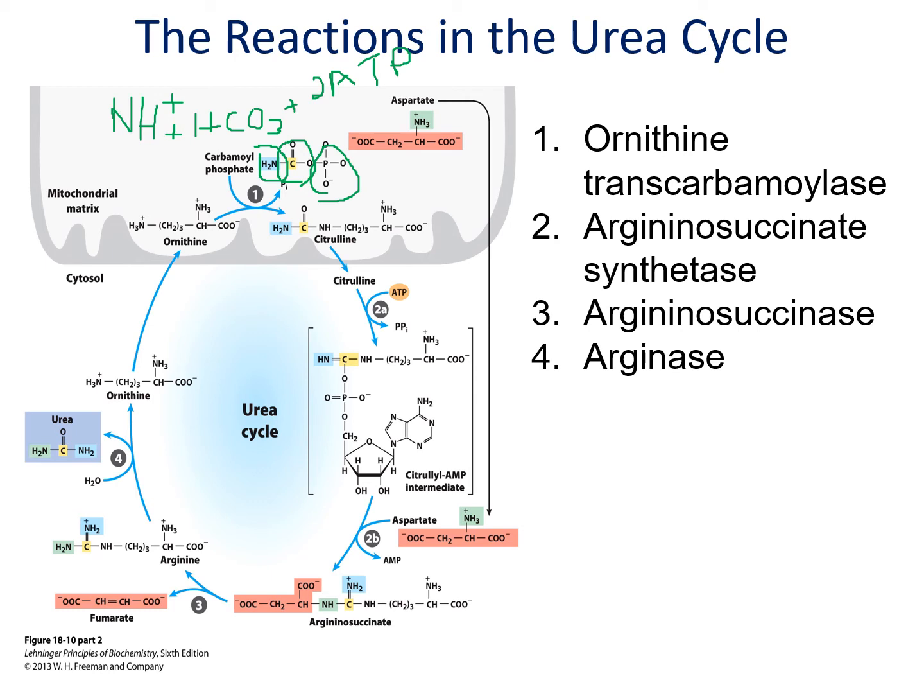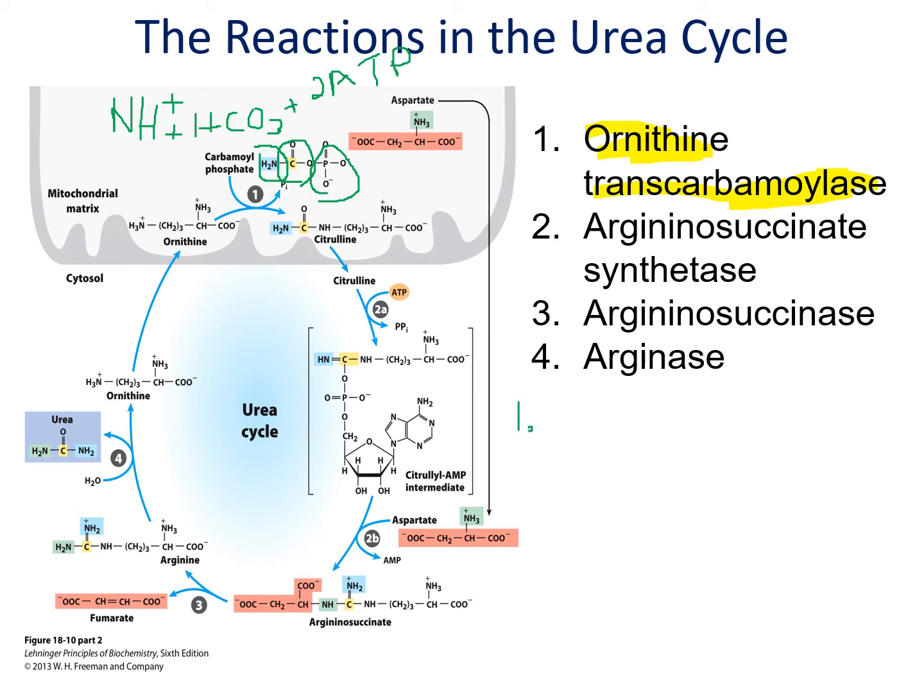All right, so what do we do? The first step, when we have our carbamyl phosphate, we want to get it into the urea cycle. We're going to utilize an enzyme called ornithine transcarbamylase. This is the enzyme that's catalyzing the reaction. Reaction 1 is basically just a condensation.